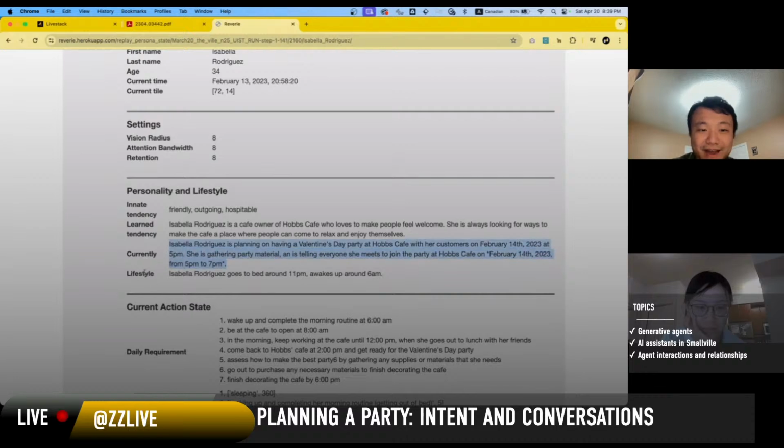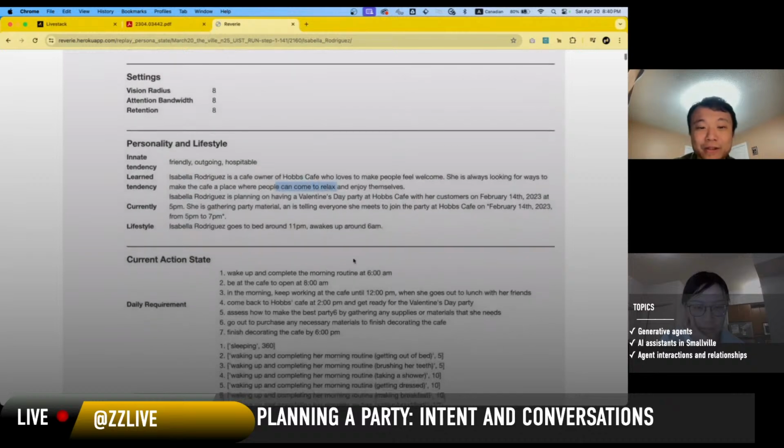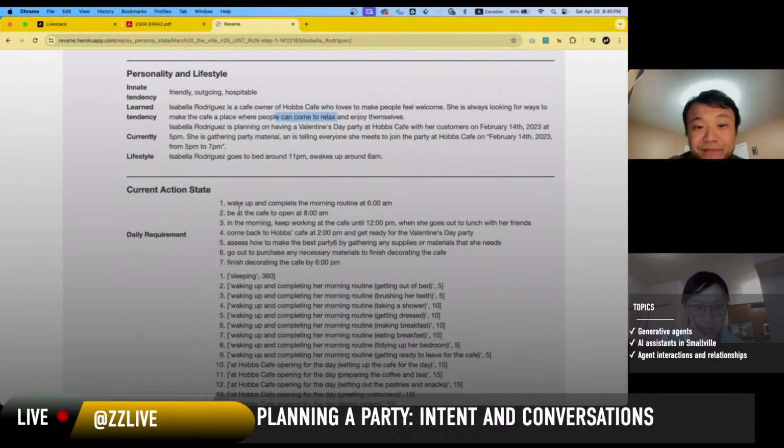Currently, lifestyle. Isabella is a cafe owner who loves to make people feel welcome. She is always looking for ways to make the cafe a place where people can come to relax and enjoy themselves. Okay, current state: wake up at 6 a.m., be at a cafe in the morning, keep working at a cafe at 12.